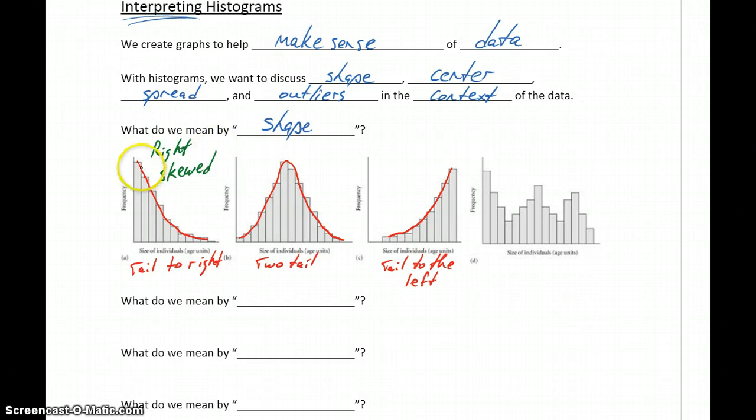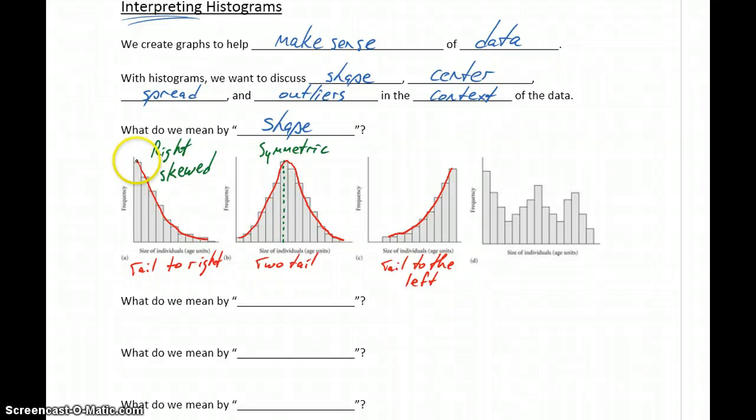So it's skewed because, well, let's actually start here. Let's start with what we refer to as a symmetric distribution. So this graph would be considered symmetric because if we look at the middle of this graph, each side is roughly a mirror image of the other. We have the two tails on either end, but again, both sides are mirror images of each other.